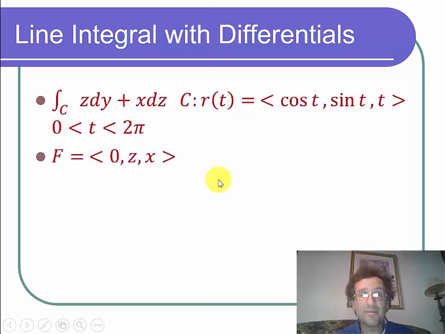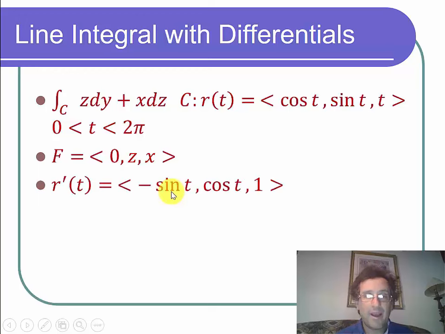So let's work this out. We can say that F now is 0, because there is no dx component, comma z, because that's the dy component, comma x, because that's the dz component. r prime, just take a little derivative, is just negative sine of t, comma cosine of t, comma 1.